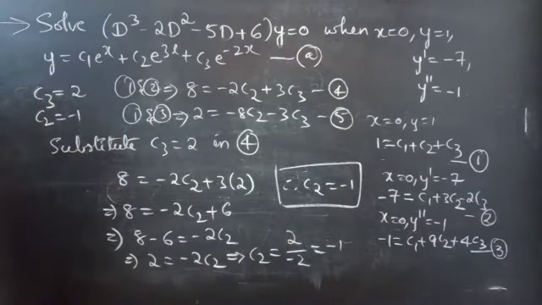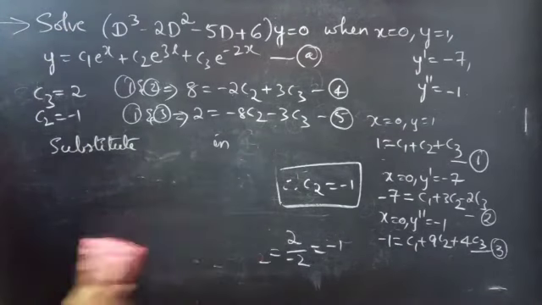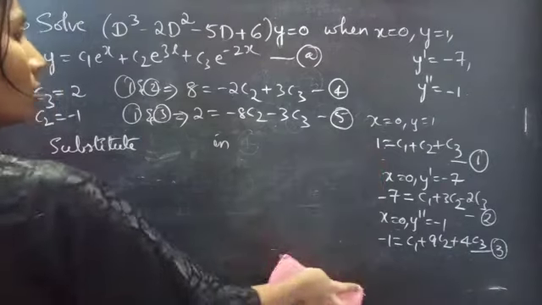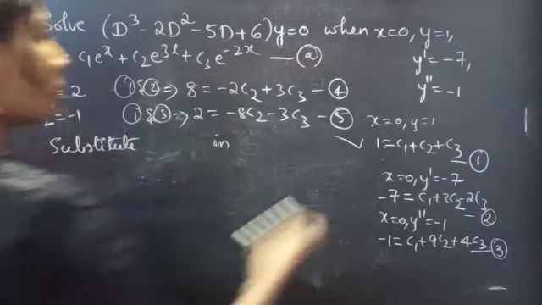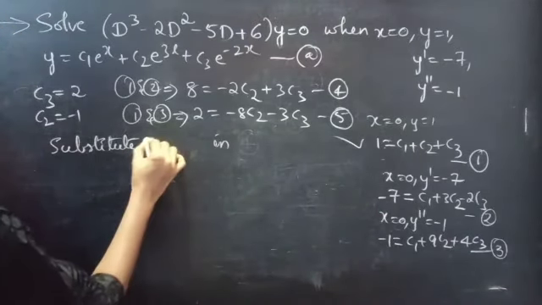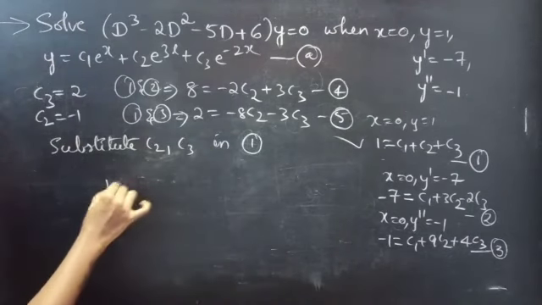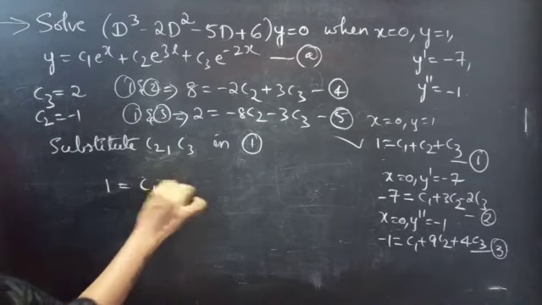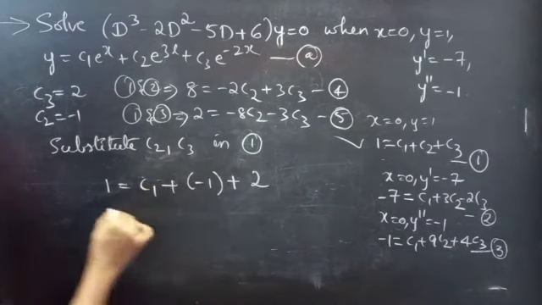Now we need to find c1. So now consider equation 1. Here you can substitute c2 and c3 values to find c1. Substitute c2 and c3 in equation 1. Then you'll get 1 equals c1 plus c2, that is minus 1, plus c3, which is 2.